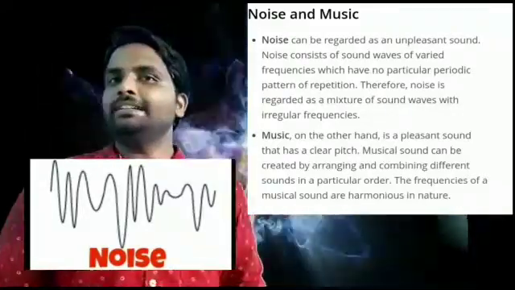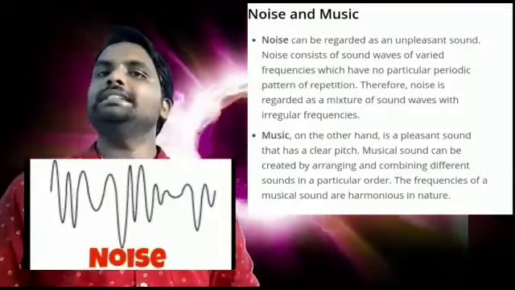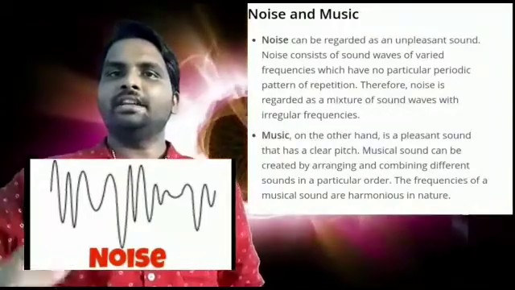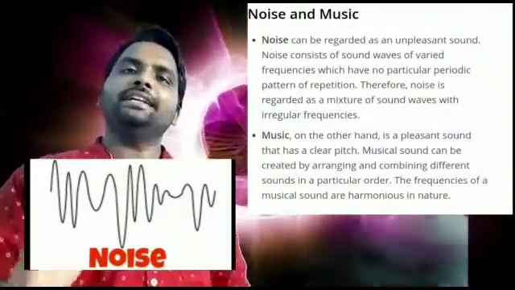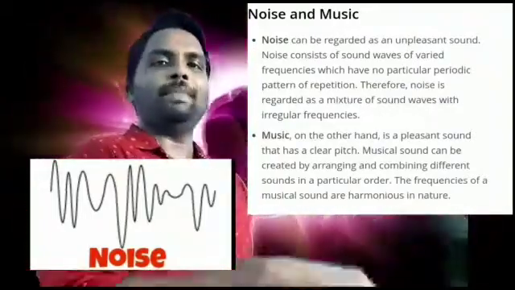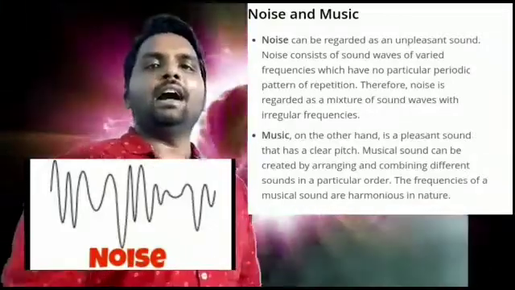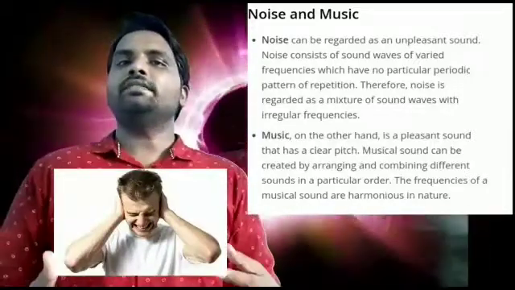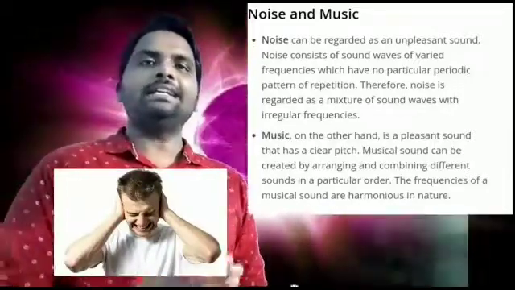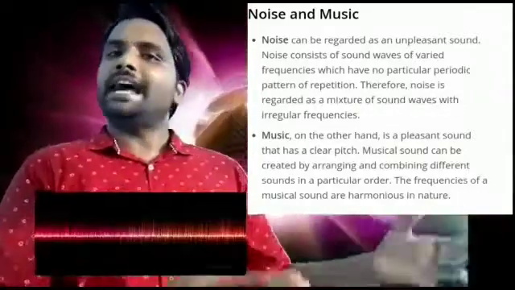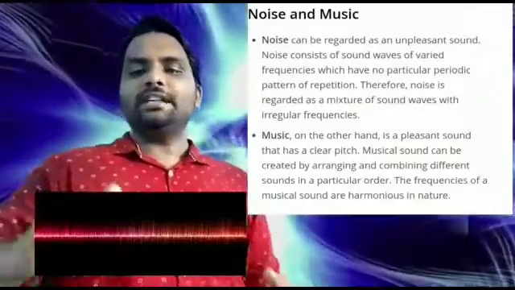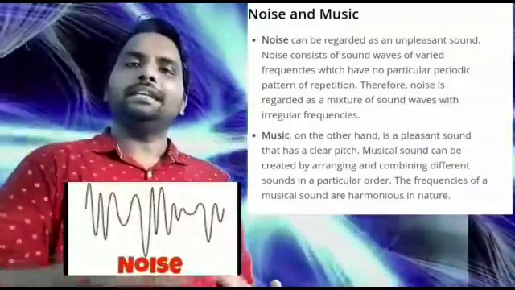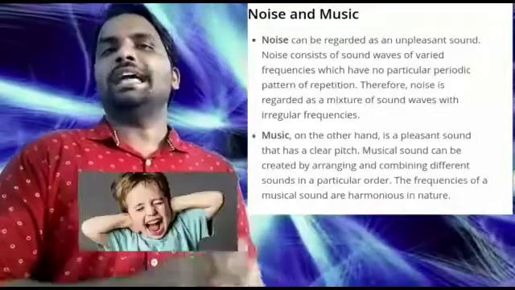As I said previously, sound depends upon the frequency of waves. If the waves do not have a particular periodic pattern, we get irritated by that sound. The frequency of the waves should be in one particular manner, and only then do we like that sound.